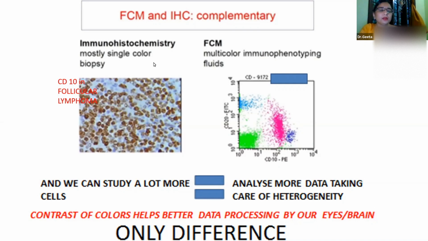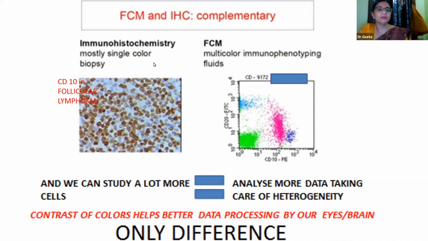And similarly, the same sample, a minced suspension from the same node, has been run on the flow cytometer. Here we could see the positivity for CD10 as well as CD20. So in immunohistochemistry, most of the time we are not able to go beyond using 2 antibodies, whereas in flow cytometry we are able to use 2, 3, 4 and so on and so forth.